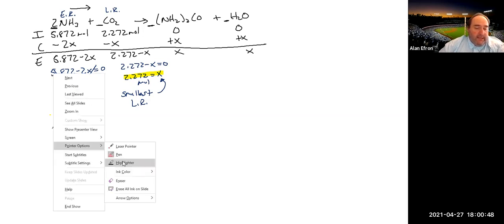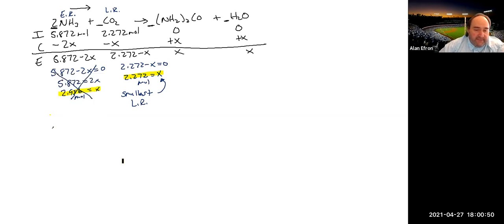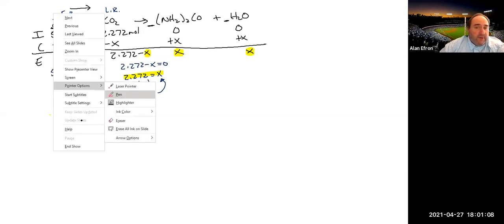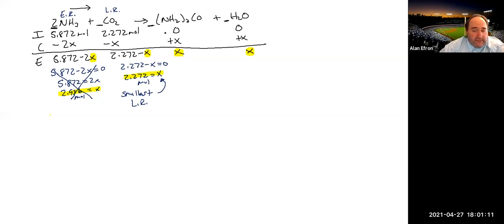Now, here's really, again, where that benefit comes into play. We now know that our X value here is 2.27 moles, and that X is this X. It's also this X. It's also this X, and it's also this X. So that X is pretty much every X that we see in that particular table. We'll start with what we're interested in, which is this guy.